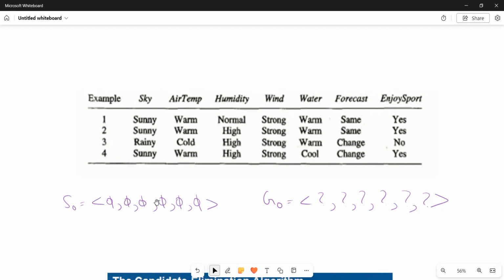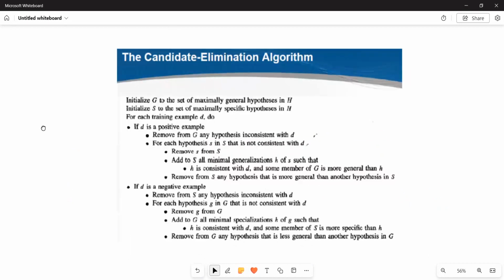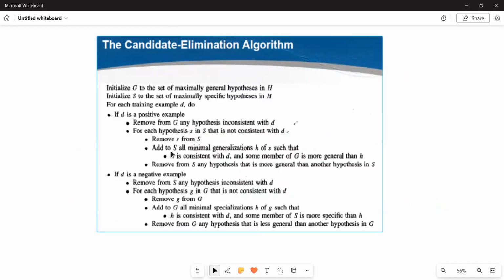If it is inconsistent here, then again you remove it, and add to S all minimal generalizations of h. What does this mean? It means that null should be replaced with a specific value.